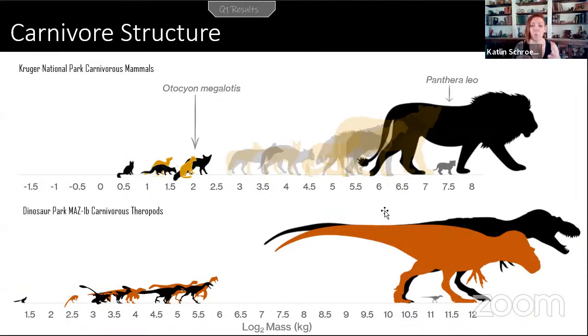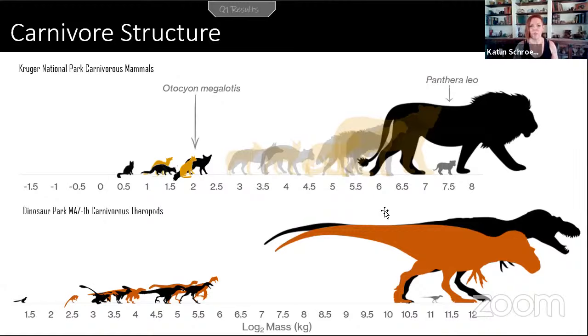And when we do the math, we do find that there is a significant correlation between the size of the gap and the size of the largest carnivore in the community. So there's something else going on here. This isn't just a byproduct of poor fossilization. We don't find the gap in communities that don't have carnivores over 1,000 kilograms. And that's where we get this term megatheropod, right? When we're referring to megatheropods, we're not just talking about them because they're big.